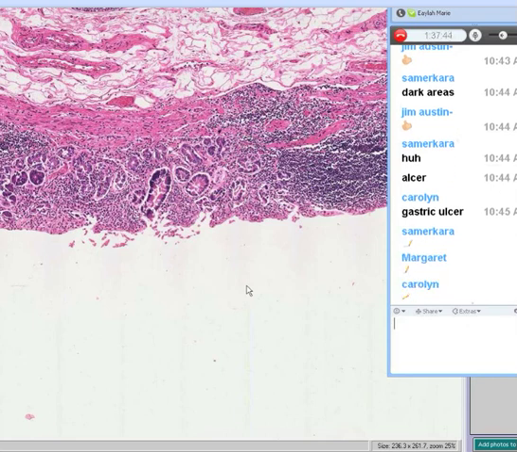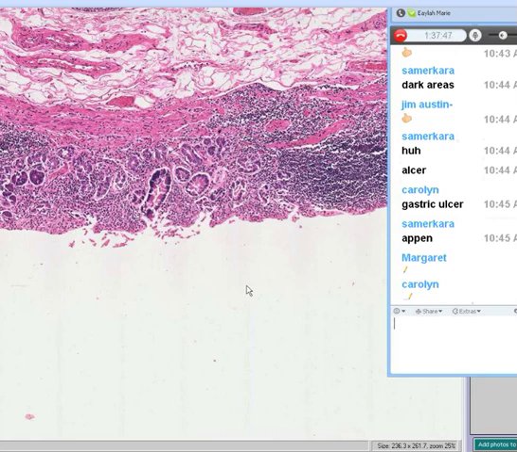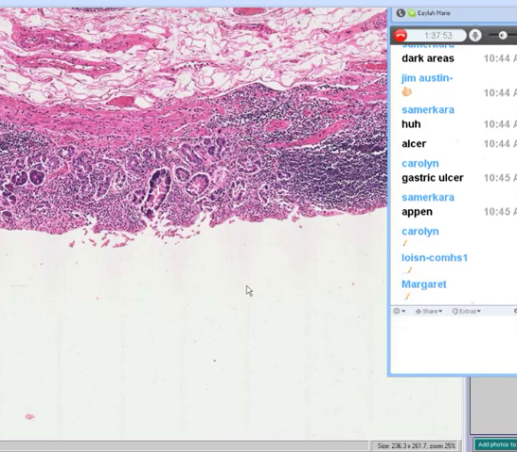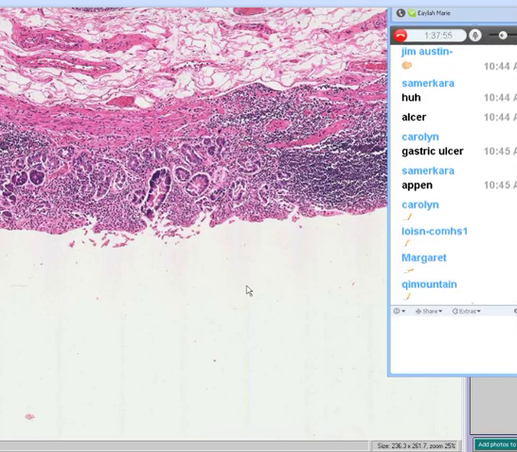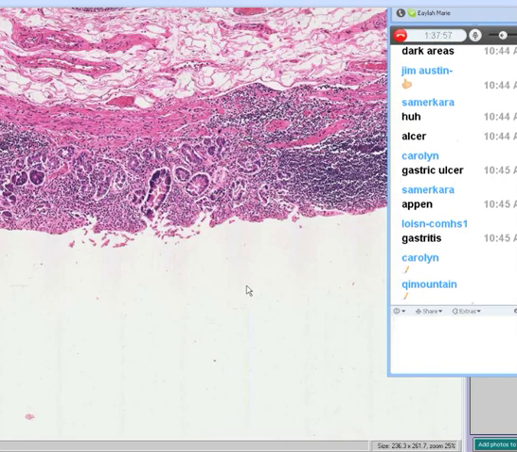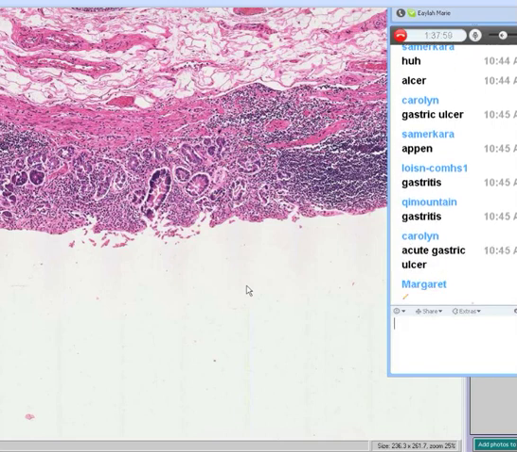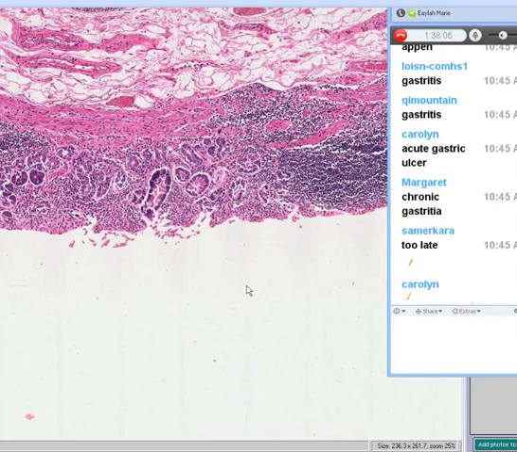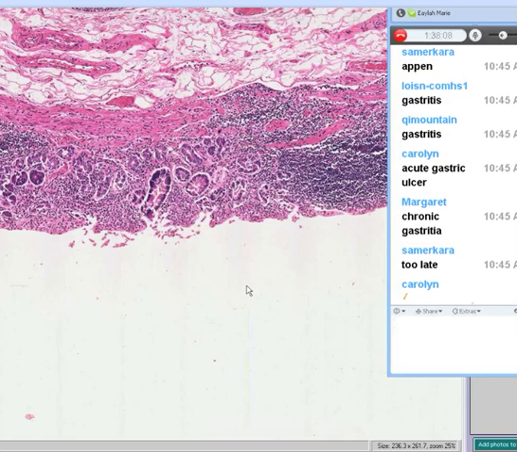What do you call a gastric mucosa that's infiltrated by lymphocytes? It's not an appendix, it's a stomach. It's an incredibly easy diagnosis. It's gastritis. Of course it is.